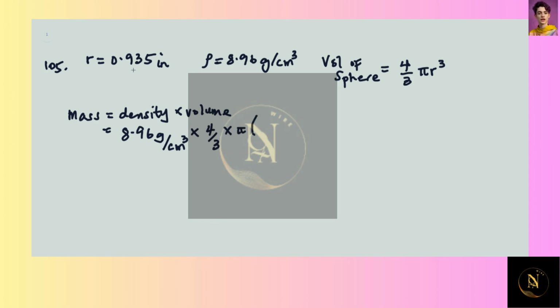But here, our radius is in inches. So we have to do some unit conversion here. Since an inch is 2.54 centimeters, we can convert that easily to centimeters. So 0.935 inches, we just have to multiply this by 2.54 centimeters, because we know for every inch we have 2.54 centimeters.